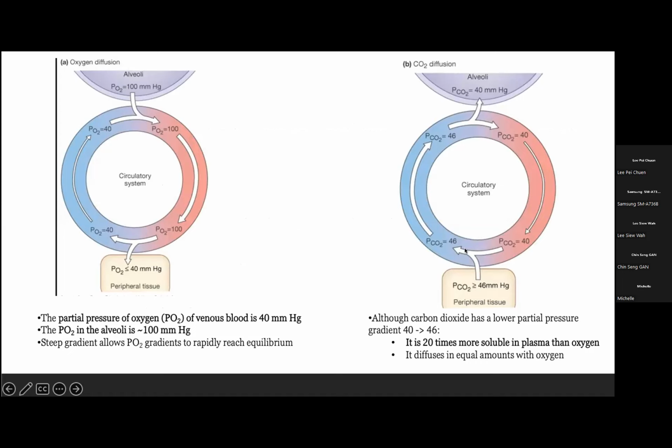This also happens with carbon dioxide diffusion. Although carbon dioxide doesn't have a very steep pressure gradient, bear in mind that carbon dioxide is 20 times more soluble in plasma than oxygen. So the flow is not affected.